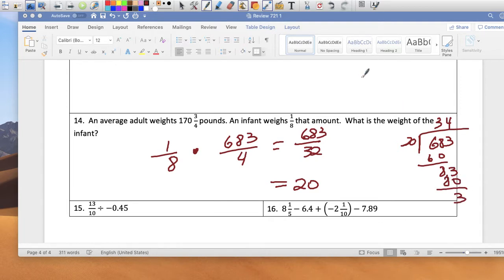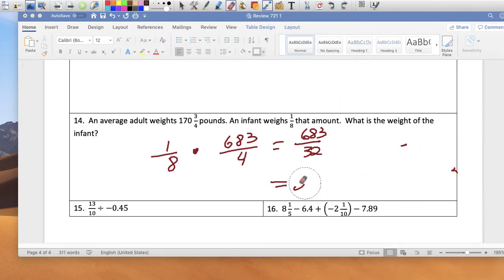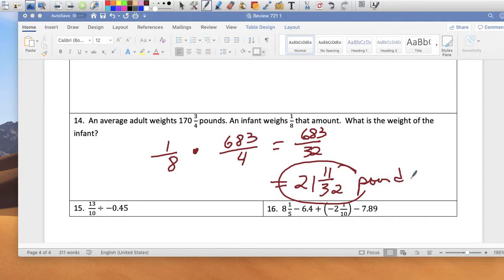And 3 left over. Hang on a second, guys. I'm missing something, because I'm dividing it by 20 and not 32. Sorry, it's 21 times. My apologies. So here's my mistake. So it goes in 21 times, right? And you have 11 left over. So your infant will be 21 and 11/32 pounds.